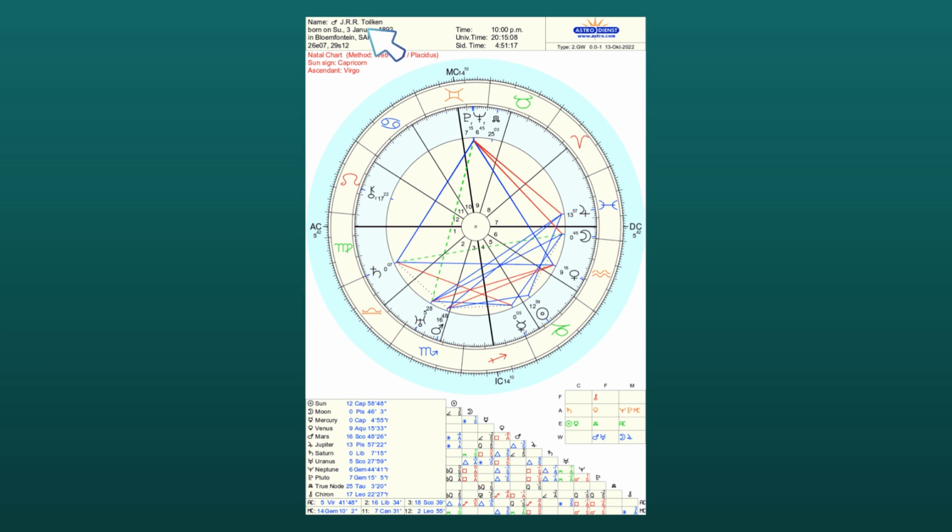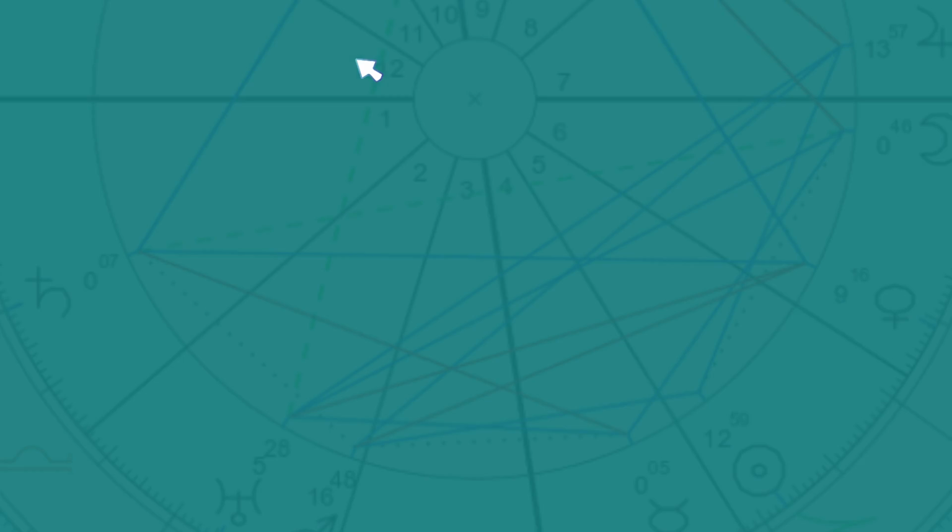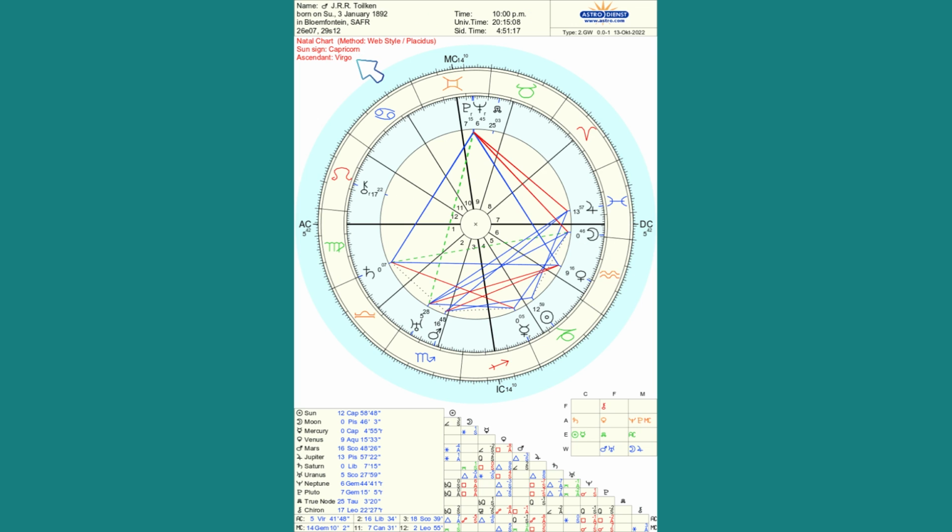But again, the top of the birth chart is the person's information of the chart that you are drawing up. So if you go below, in this red writing here, this is the type of chart. So, like I said in the beginning, when you use astro.com, it will automatically use tropical.